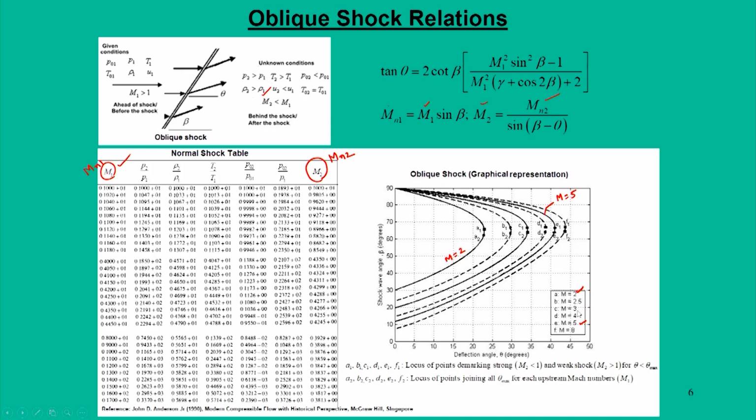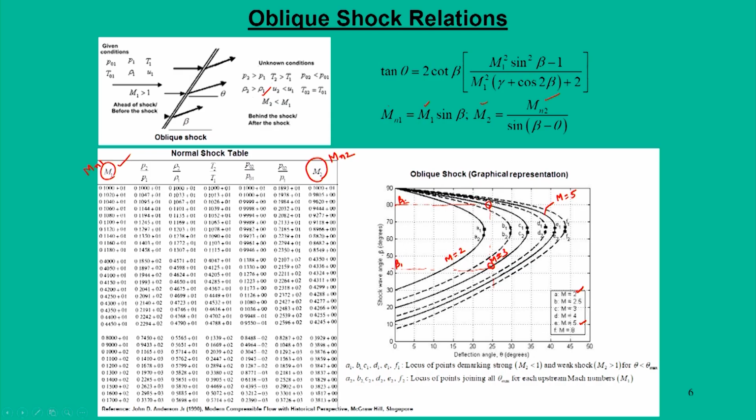Let us say Mach number is 3, then we can take this plot as Mach 3, and if the flow deflection angle is 25 degrees, then wherever 25 degrees crosses or touches this Mach 3 curve, we can drop a perpendicular at this point. This will be the value of beta 1. Another value also: we can extend this line and it crosses here, so we can drop a normal onto it. This will be another beta 2.